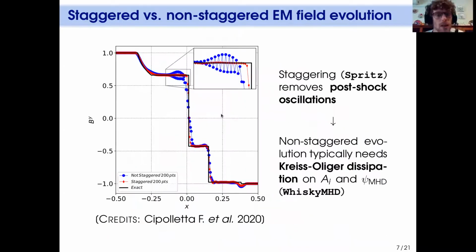This has a big advantage over a non-staggered evolution, because as you see in this figure, in blue, a non-staggered scheme gives rise to large post-shock oscillations, which are removed essentially by staggering. If you adopt a non-staggered evolution, you typically need to impose some kind of Kreiss-Oliger dissipation on the potentials. This was done in WhiskyMHD, which is the code upon which Spritz is based.